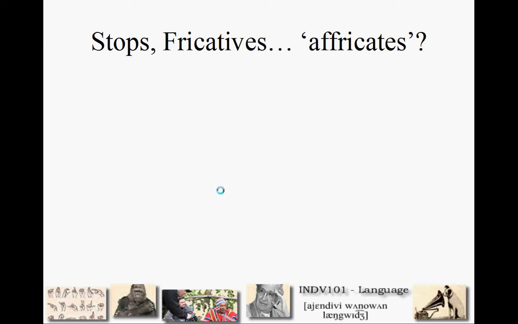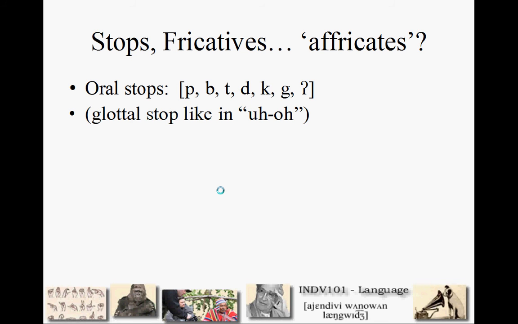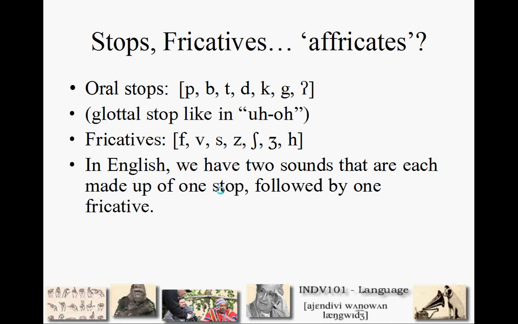Affricates are one other type of special sound. We have our stops, P, B, T, D, K, G, and the glottal stop, which is the sound from uh-oh. You can feel the constriction in the back. We also have our fricatives, F, V, S, Z, sh, zh, and H. And what happens if you put them really close together? Some sounds that we have in English are made up of 2 sounds followed really close together.